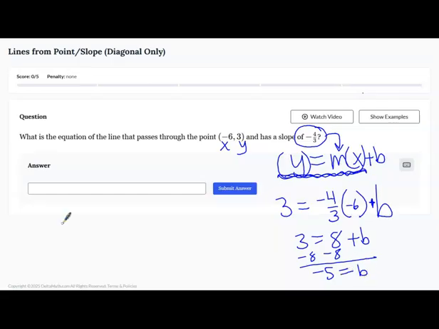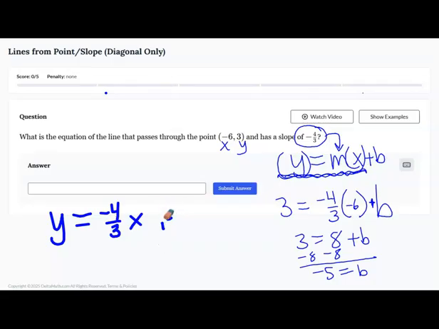Now I'm going to go back to my original formula, but this time I don't erase all 3 letters. I erase only the m, which I was given. I know it is -4/3. And I'm going to erase the b, which I just found, which is -5.